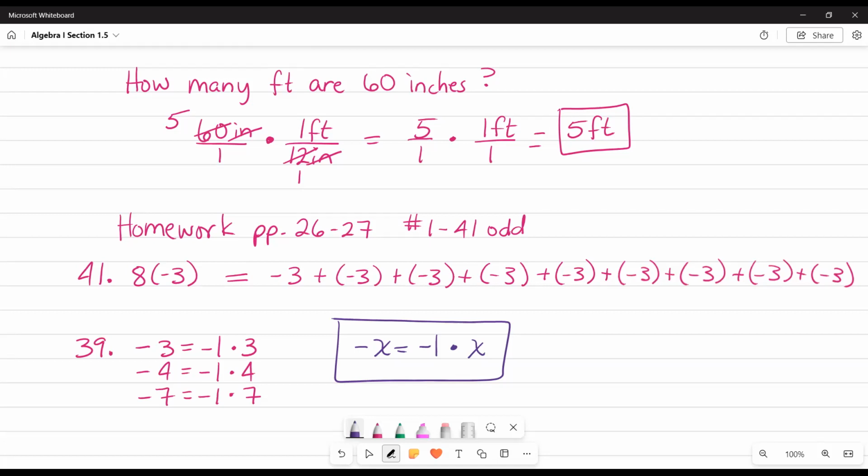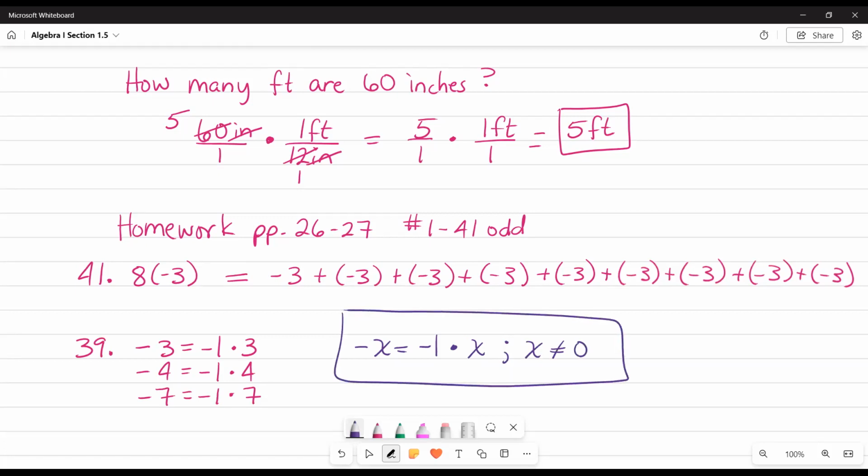Does that work? Would that work for any number? No? Okay. As long as x does not equal 0. Sure.